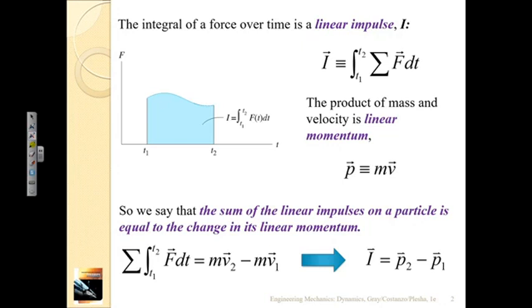Maybe instead of the vector, I call that the i direction. And my impulse in the i direction is equal to my momentum at state 2 in the i direction. And I could also have the same thing for y.